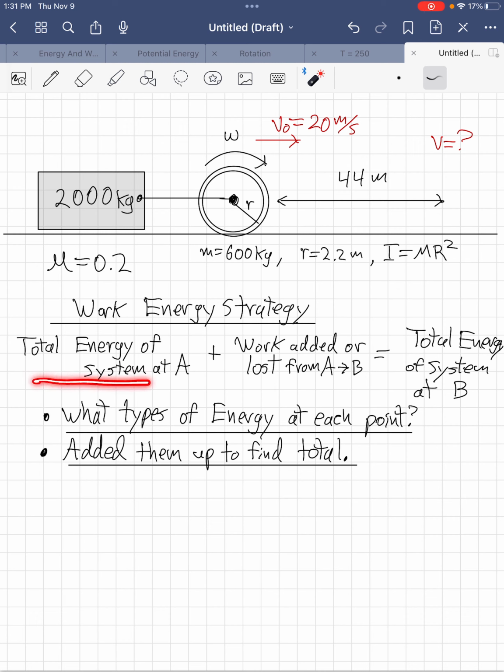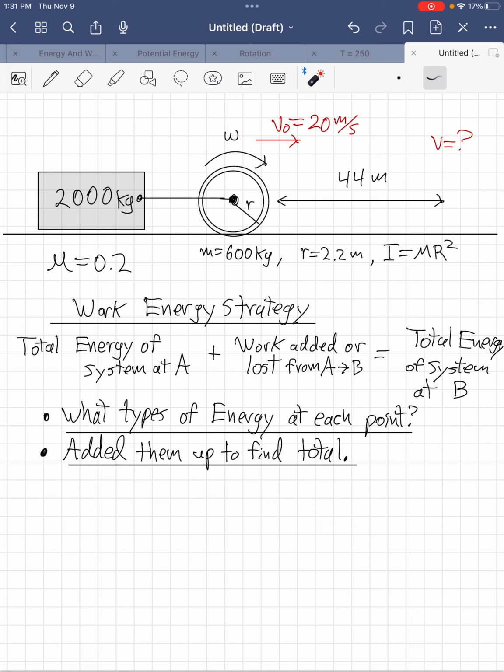So we break that up into point A, total energy of the system at point A, plus any work added or lost from A to B is going to equal the total energy of the system at point B. We ask what types of energy exist at each point, and then we just add them up to find the total.